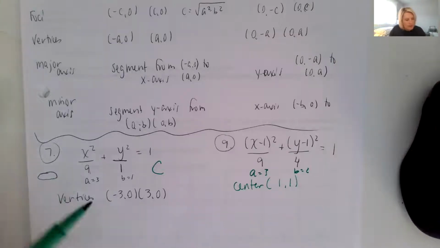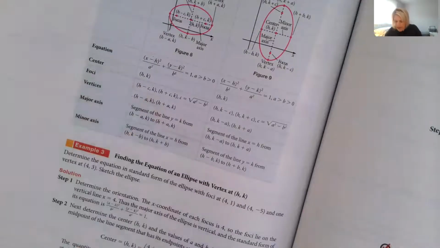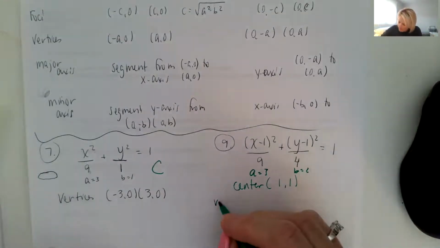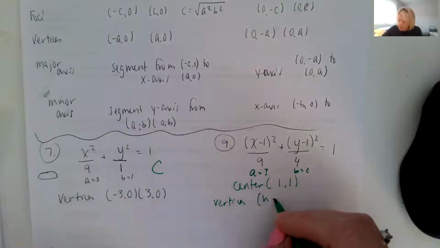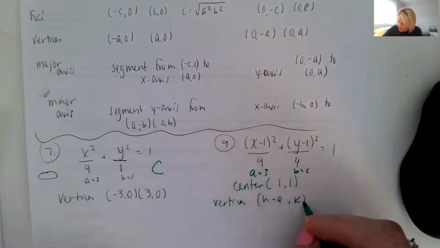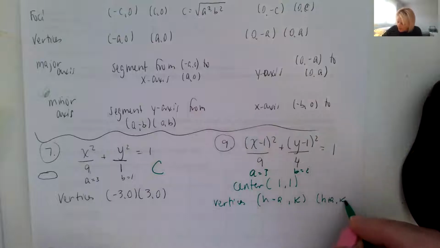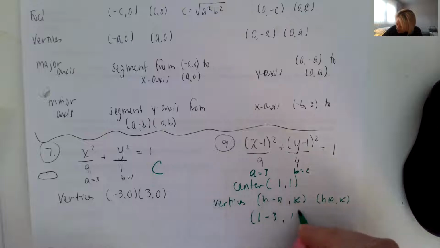So the vertices for this one are at H minus A, comma K, and H plus A, comma K. So H is 1 minus 3, comma K, which is 1.